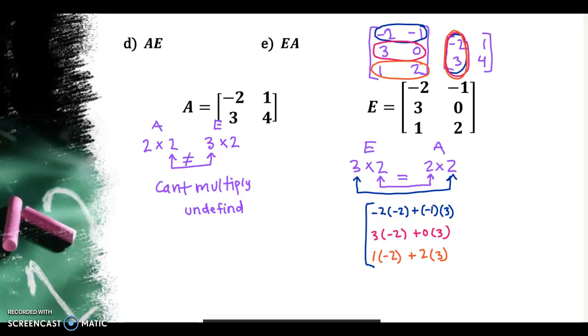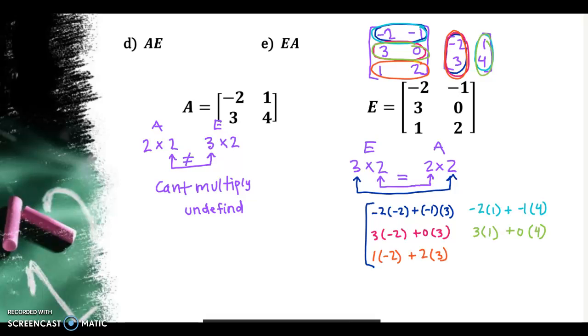Continuing, the entry in my first row and second column will be -2 times 1 plus -1 times 4. My second row and second column will be 3 times 1 plus 0 times 4.